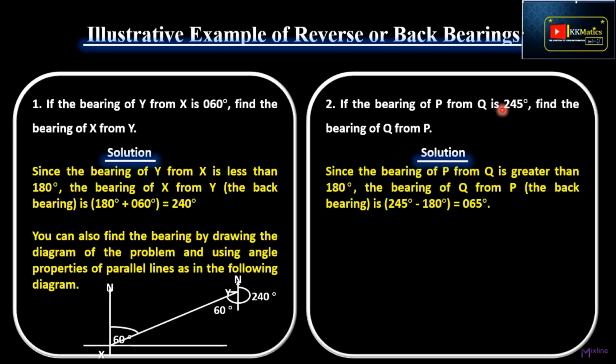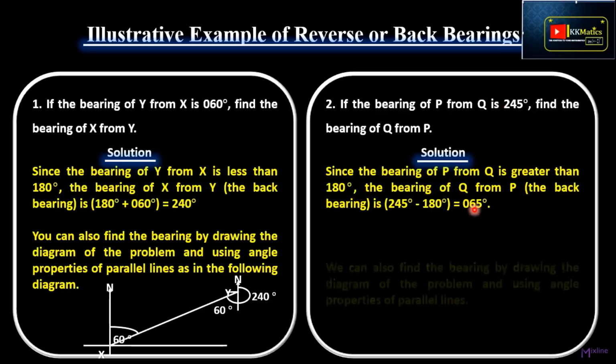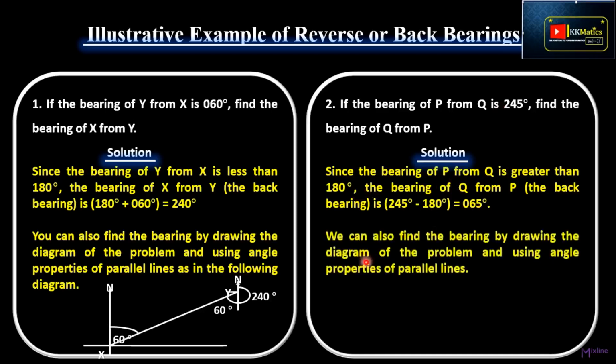So since the bearing of P from Q is greater than 180, we subtract, and that gives us 065 degrees. We can also do that by drawing or sketching it and using the angle properties of parallel lines. So we know that 245 degrees lies in the third quadrant. That's because it is greater than 180 and less than 270 degrees.